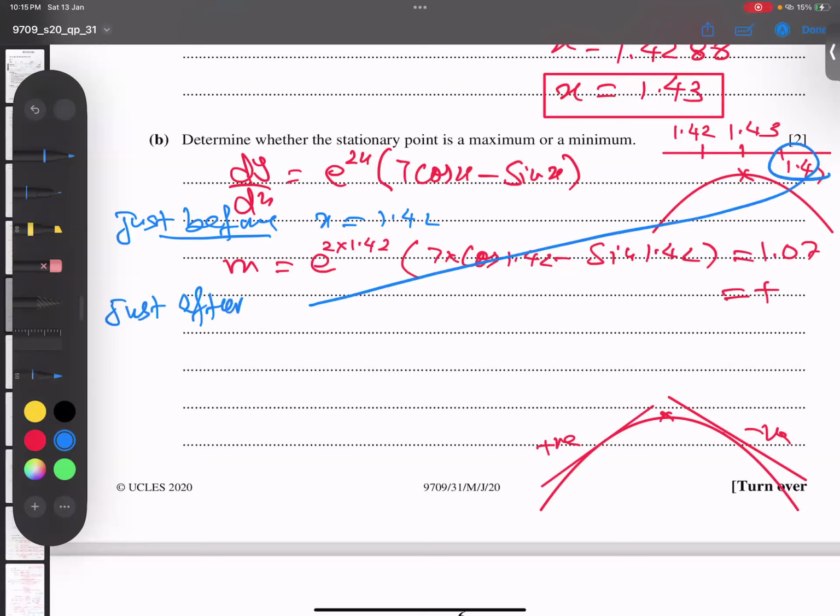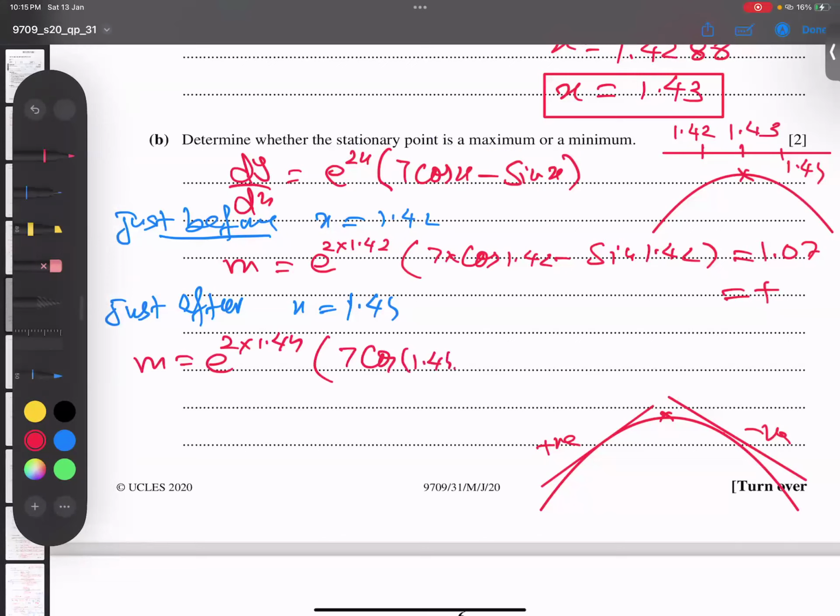So just after. What is just after, 1.44? I will plug in 1.44 again here, and again here. Let's see. So m is equal to e to power 2 times 1.44, bracket open, 7 cos 1.44 minus sine 1.44, close and close.